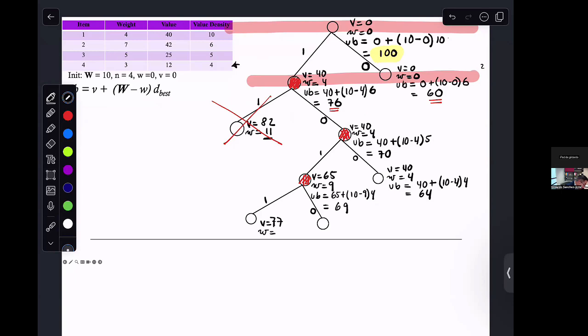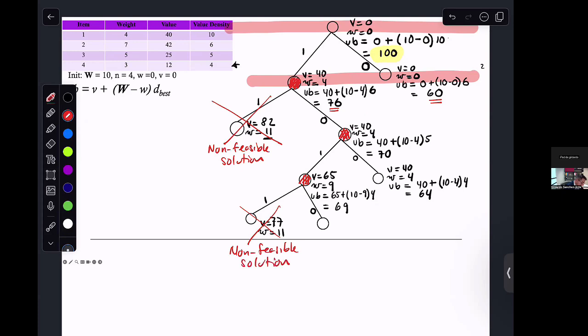W is going to be 9 plus 3 is going to be 11. Oops. And immediately I notice again, this is not feasible. Same here, non-feasible solution.